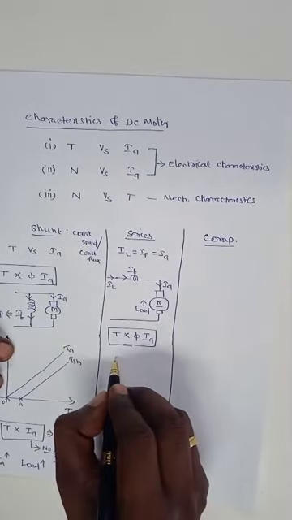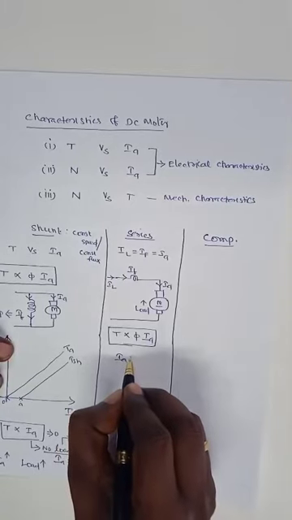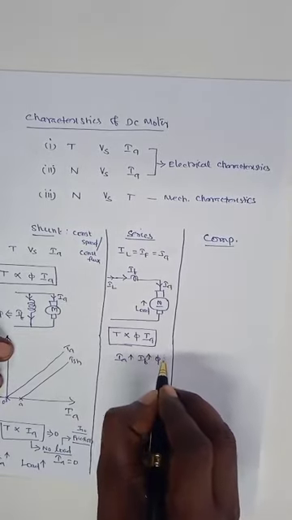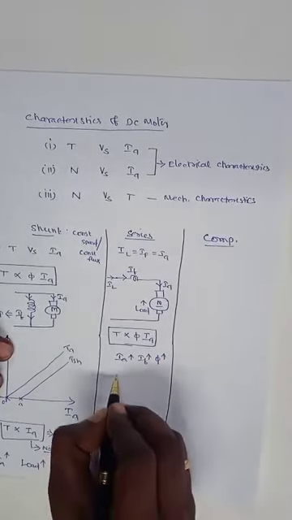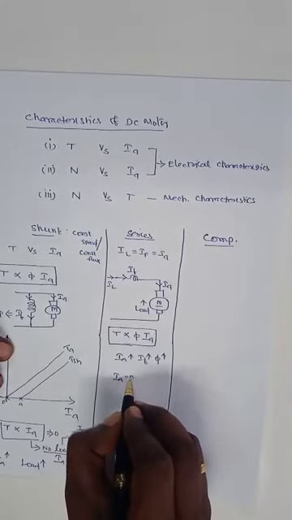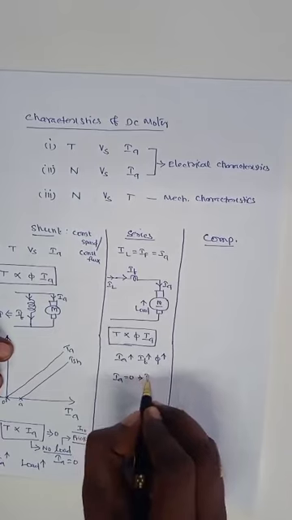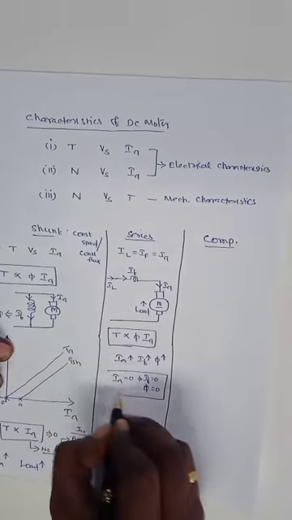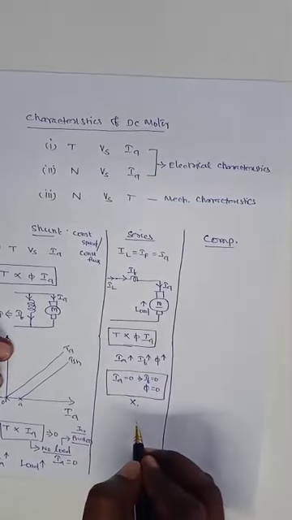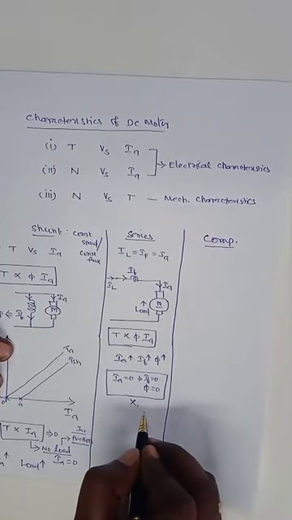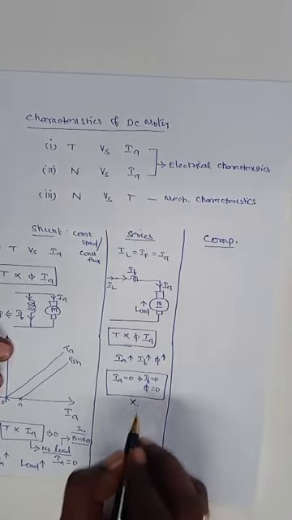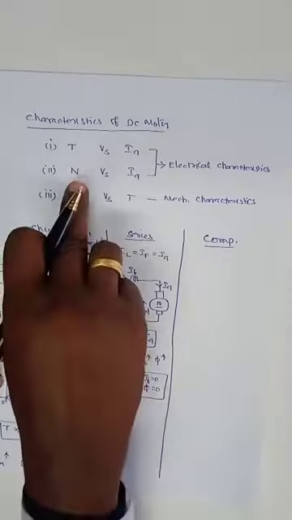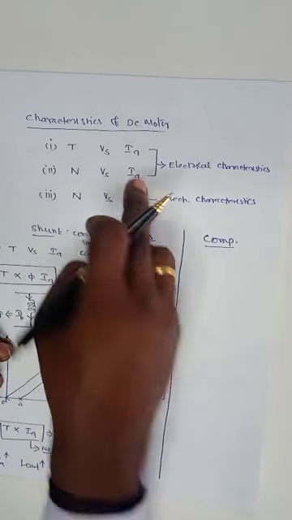When load increases, Ia increases, so If increases, so flux increases. When Ia is 0, If will be 0, flux will be 0. But this situation will not occur in a DC series motor, because we should not start the DC series motor without any load. We will discuss this point in the second characteristic, speed versus Ia.